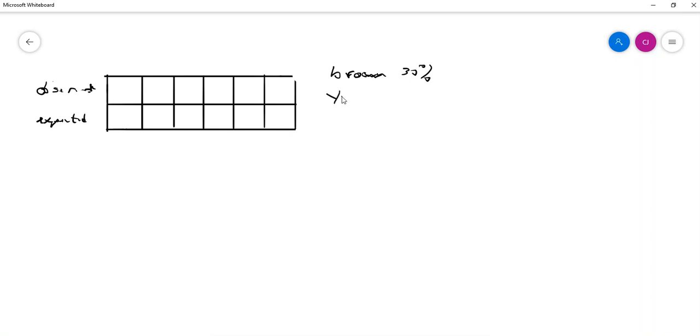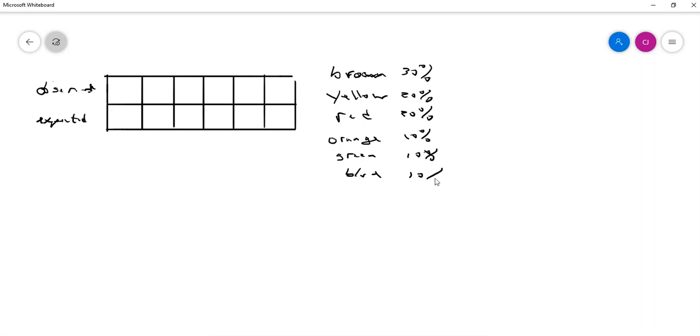So yellow, 20%, red, 20%, 10 orange, green, and blue. Okay, and these should add up to be 100%. So 30, 50, 70, 80, 90, and 100.